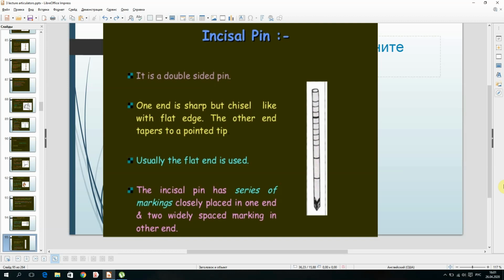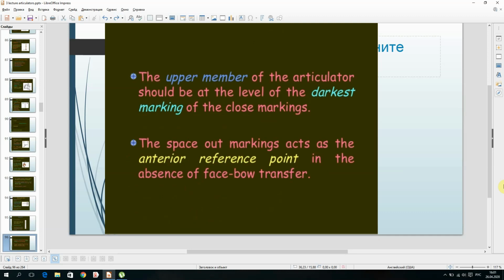The incisal pin has a series of markings closely placed at one end and two widely spaced markings at the other end. The upper member of the articulator should be at the level of the darkest marking of the close markings. The spaced out markings act as the anterior reference point in the absence of face-bow transfer.